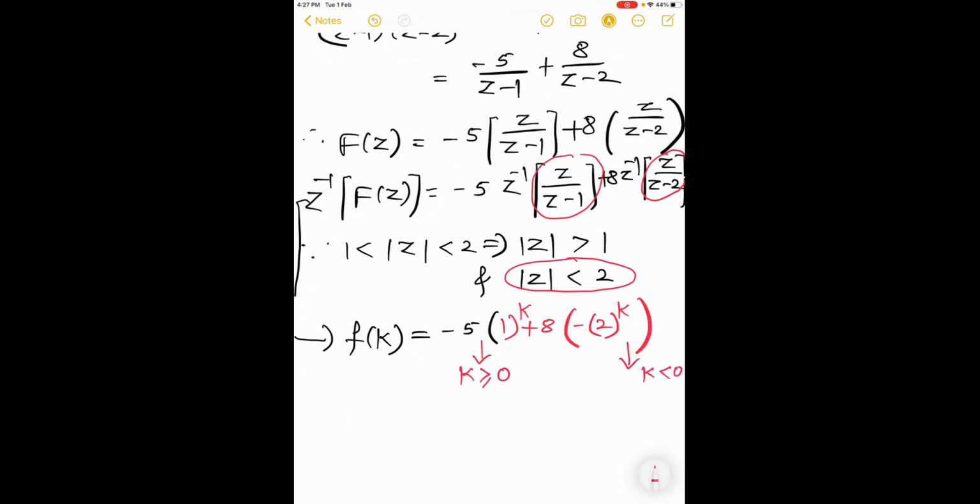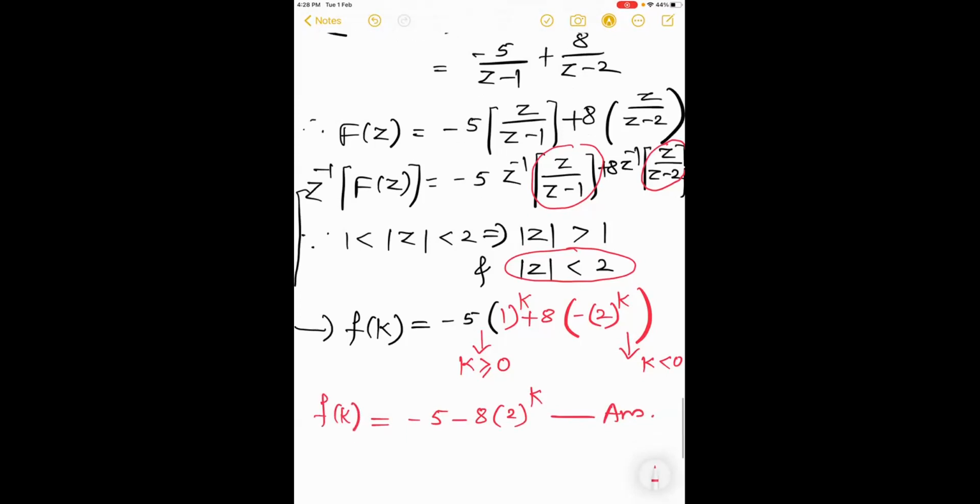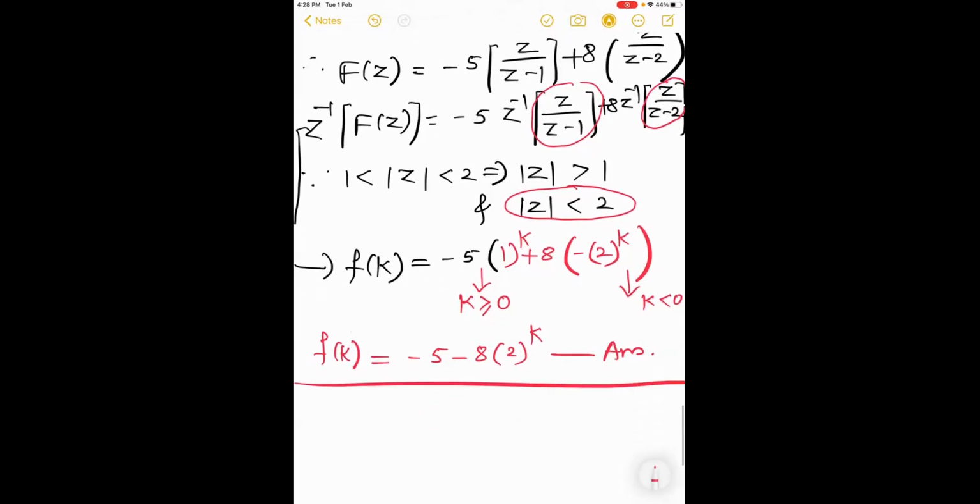Ultimately you can take both the terms negative. So -5, 1 raised to k is 1 itself, you need not treat it differently. So you can write down -5 minus 8 into 2 raised to k. That's your sequence f of k.